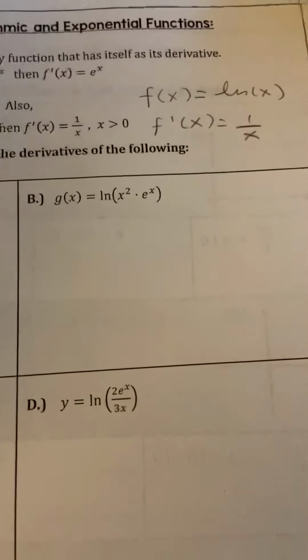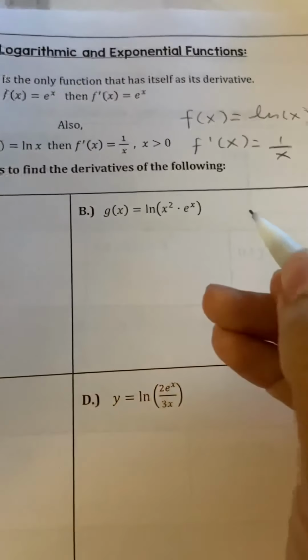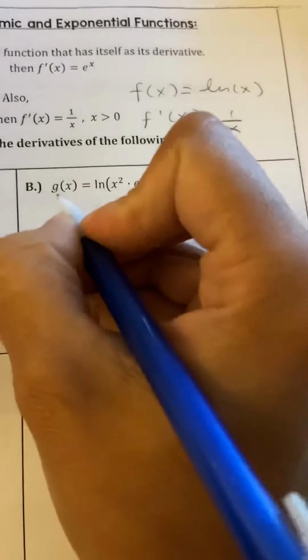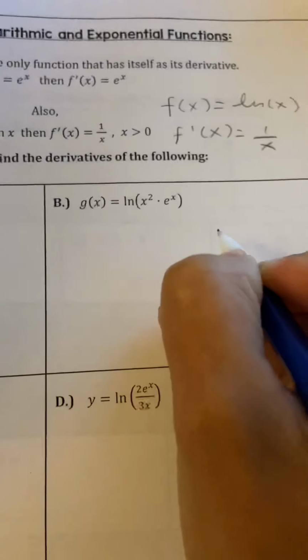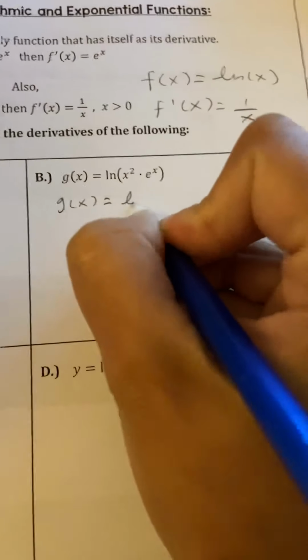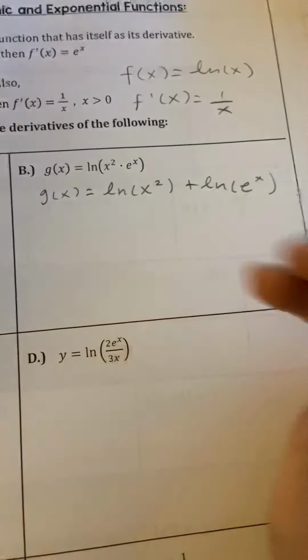All right, part B. Again, rewrite. And again, it goes back to your Algebra 2 days. Whenever you are multiplying, you can separate them by adding. So g of x, which is the original, is the same thing as ln of x squared plus ln of e to the power of x.